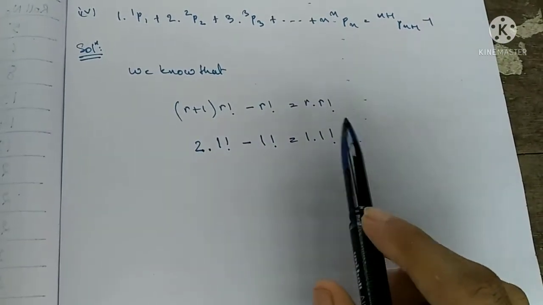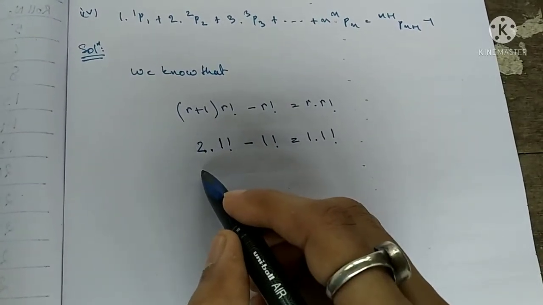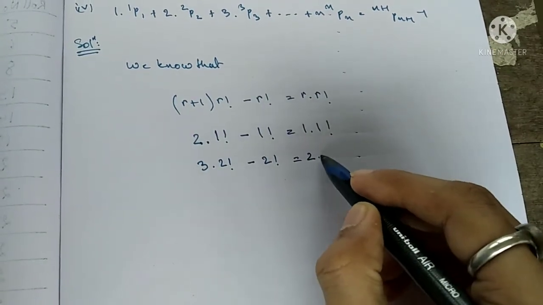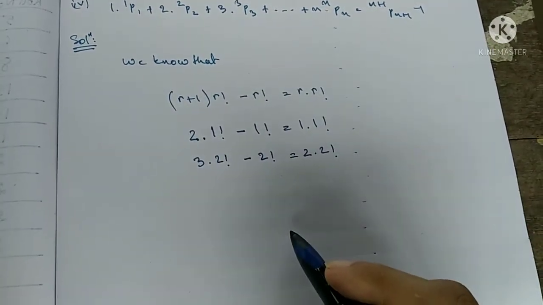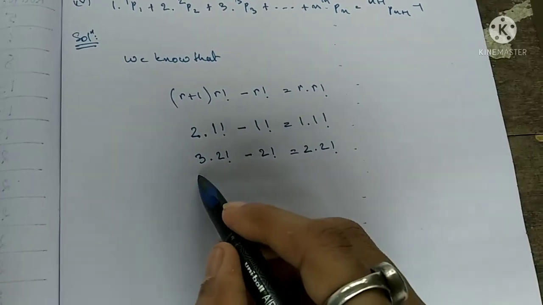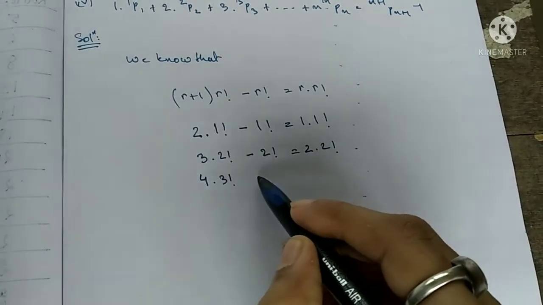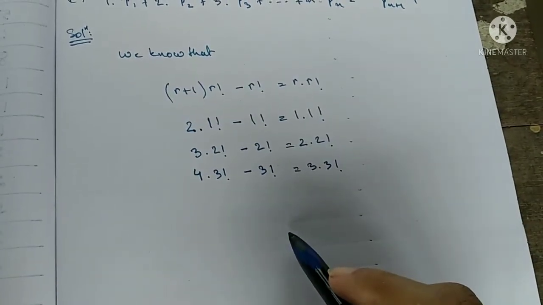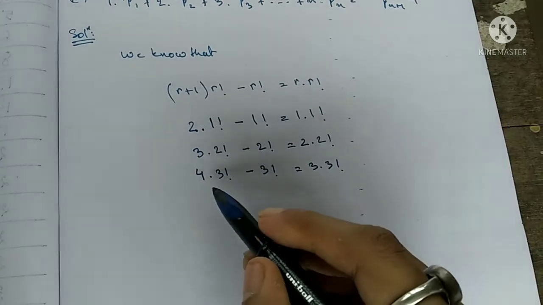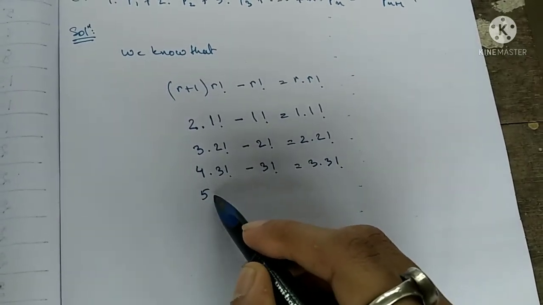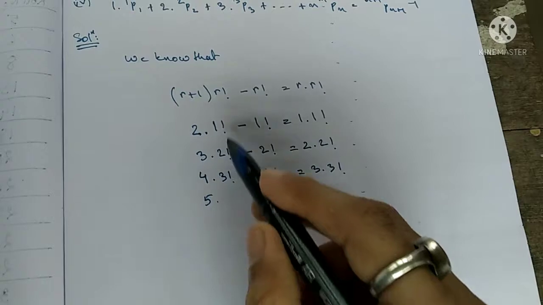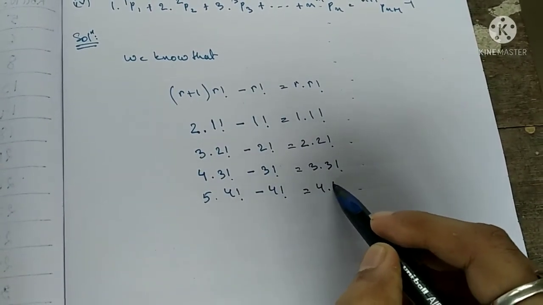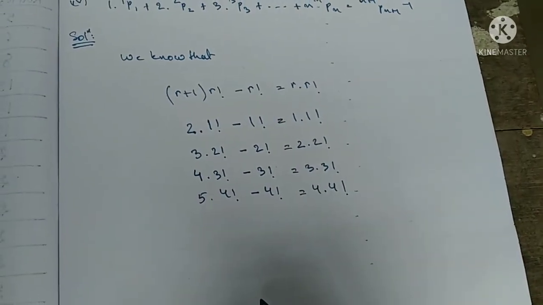When I take the r value as 2, then this becomes 3 into 2 factorial minus 2 factorial is equal to 2 into 2 factorial. When I take r as 3, then this becomes 4 into 3 factorial minus 3 factorial is equal to 3 into 3 factorial. When I take r as 4, then 4 plus 1 is 5, so 5 into 4 factorial minus 4 factorial is equal to 4 into 4 factorial.